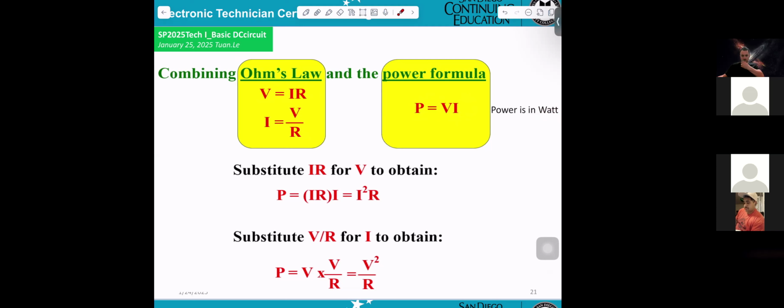You can see light bulbs, 50 watt, 100 watt, or milliwatt. That's the power. They can also give you other formulas: P equals I squared times R, or P equals V squared over R. Either way, you can calculate the power.